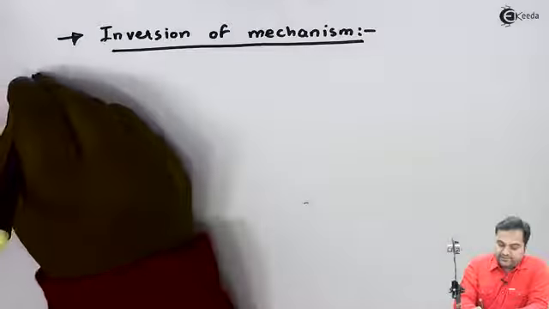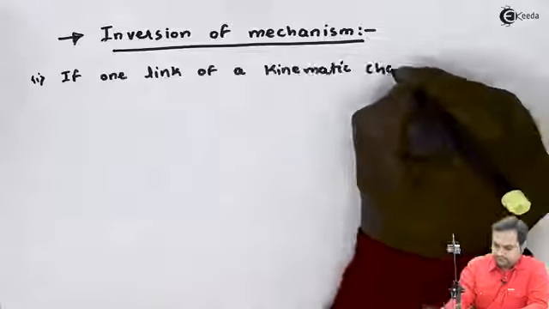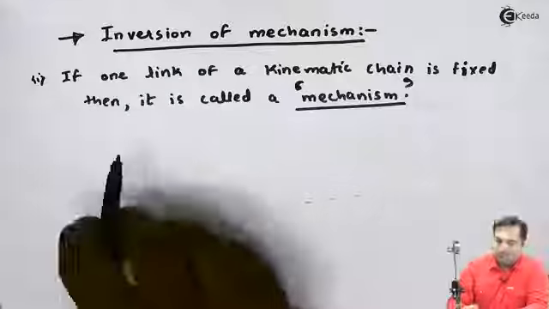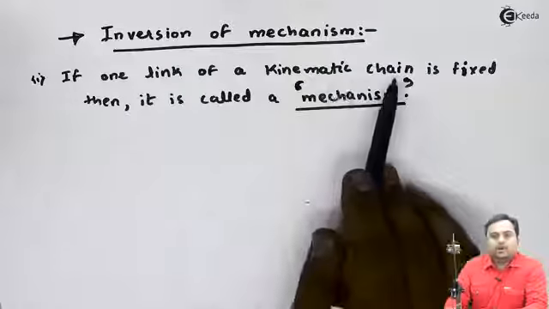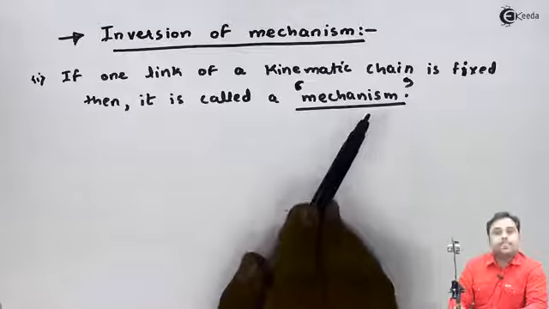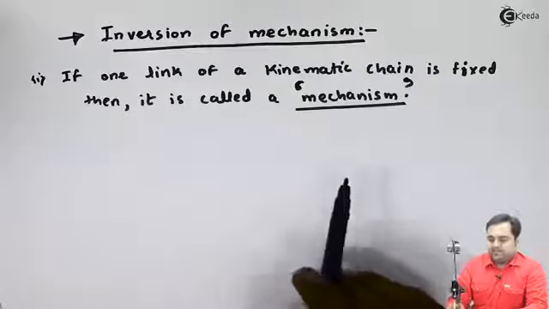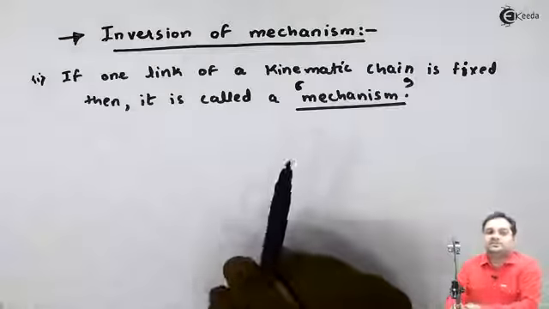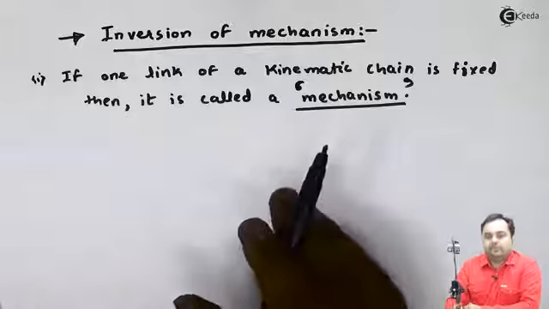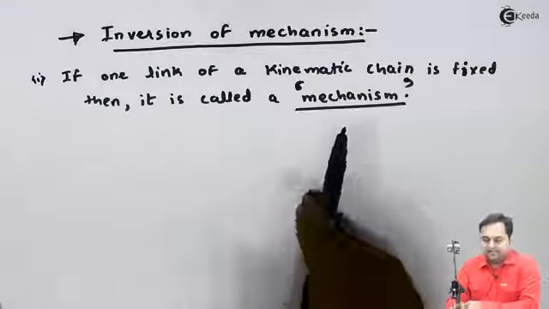I'll write here. If one link of a kinematic chain is fixed, then it is called a mechanism. We have seen that in a kinematic chain, the links are not fixed. But if we are fixing any one link, then it is called a mechanism.